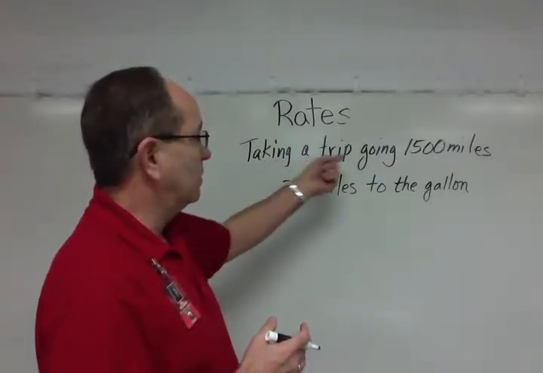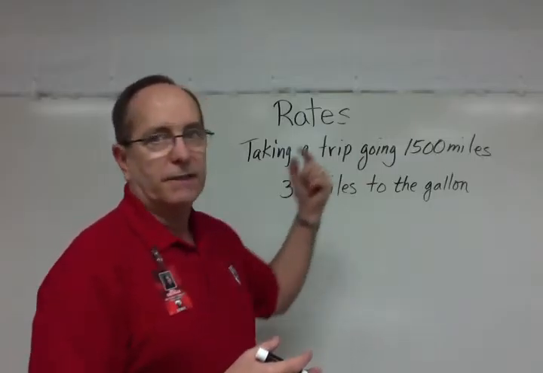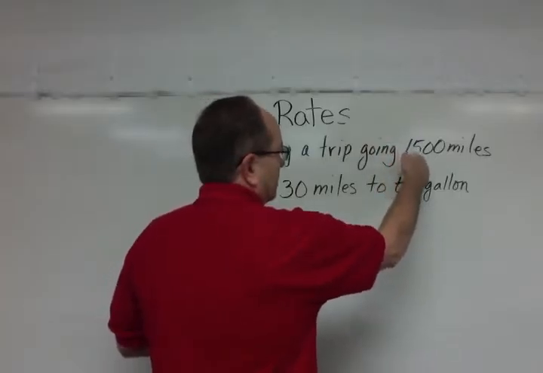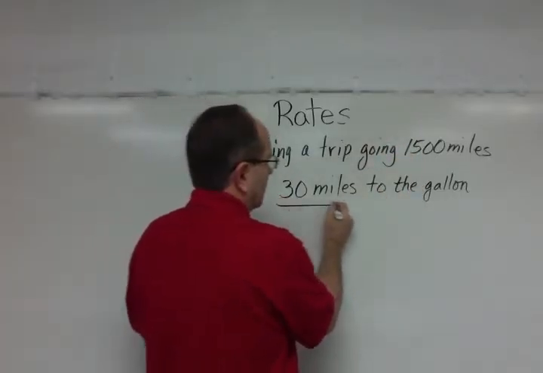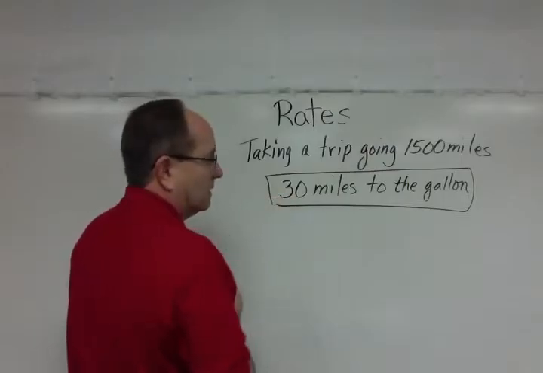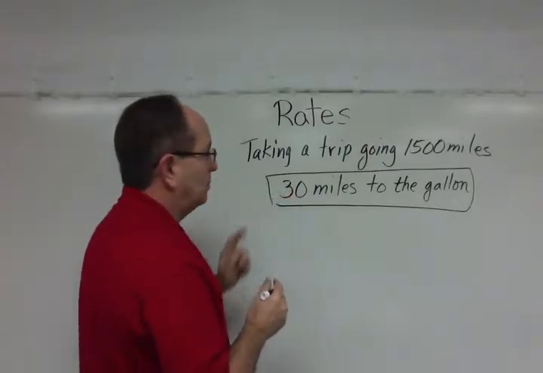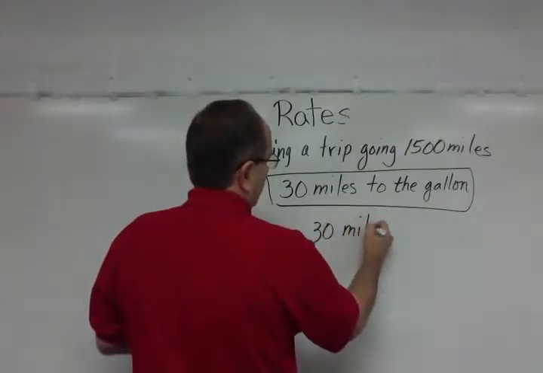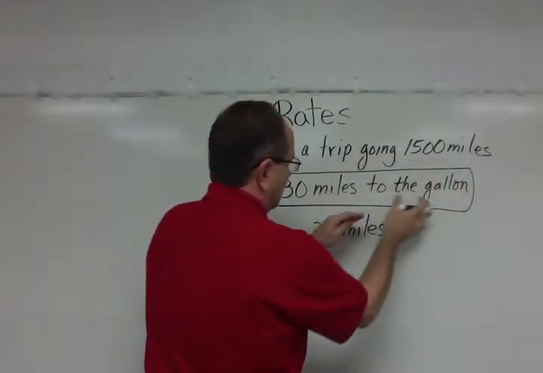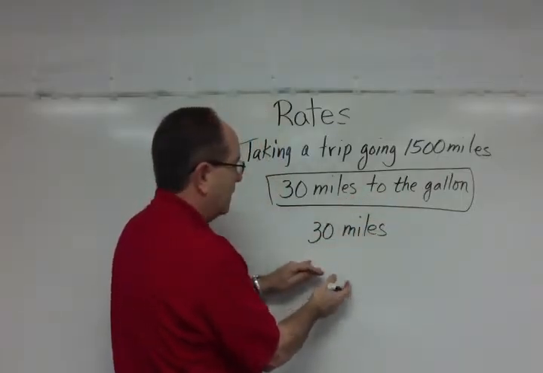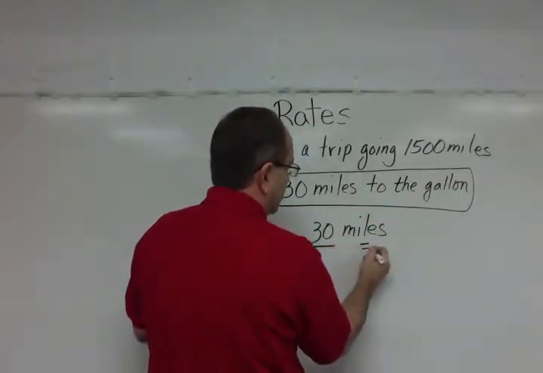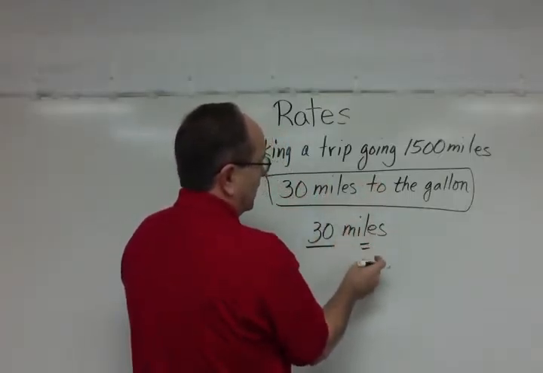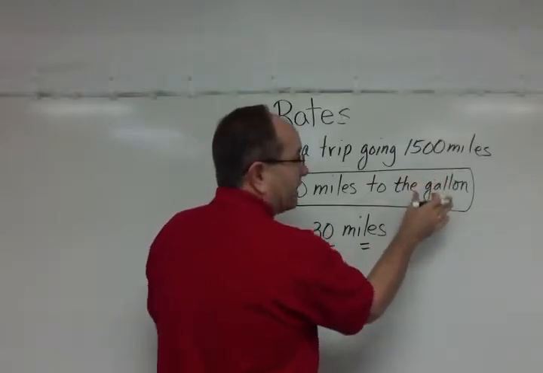So if I'm taking a trip going 1,500 miles, and we're assuming that's round trip to get back again, but 1,500 miles, that is part of my problem. But this is right here, my rate. That's the one I want to build into a fraction. So again, 30 miles, copy it all down. Everything that's here practically goes into that fraction. And then I have the 30 miles here, and the gallon.